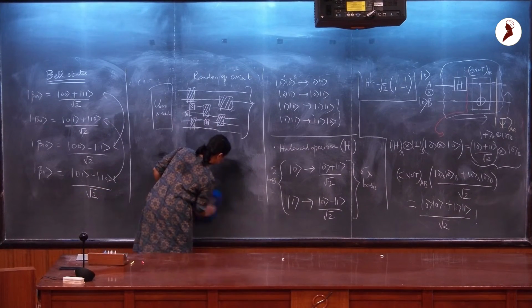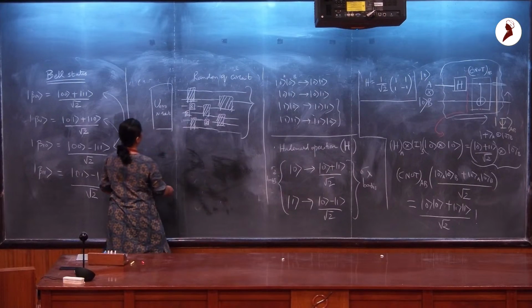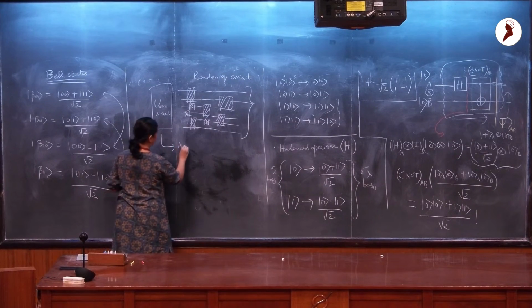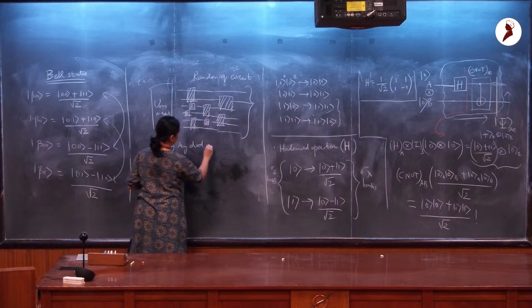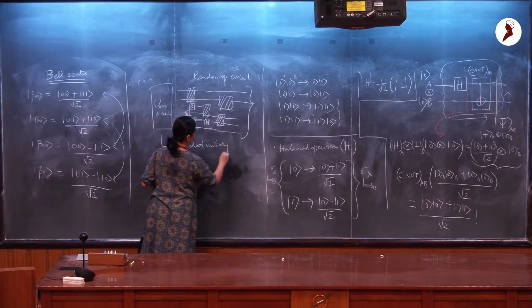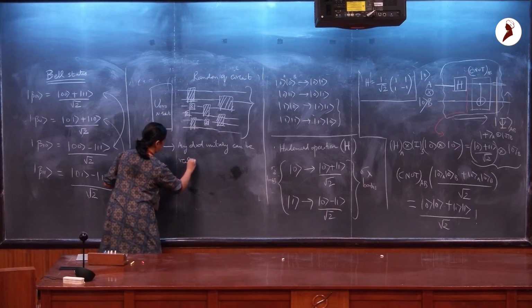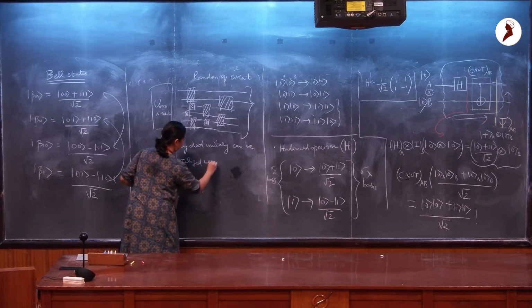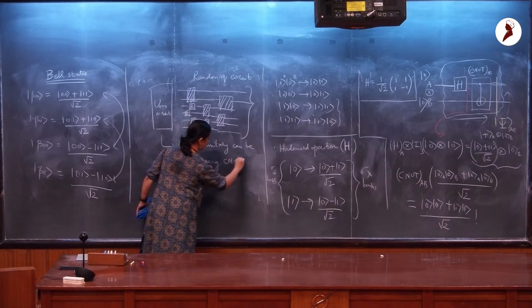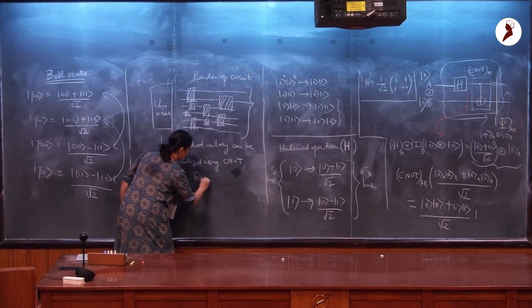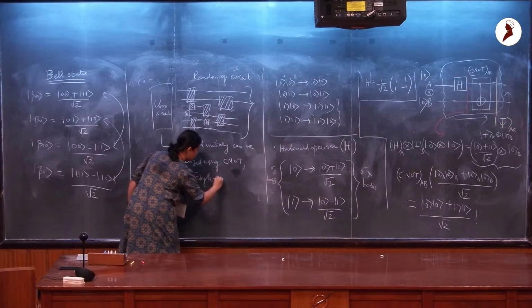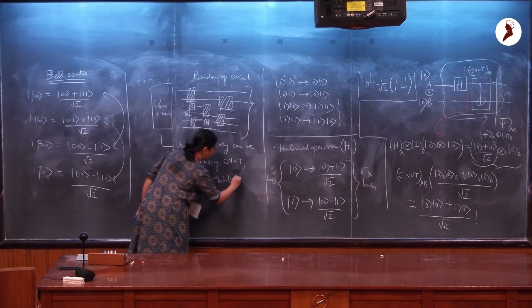So let me just write this statement here. Any D cross D unitary transformation can be realized using just the C naught and some set of single qubit operations. I'm not writing down what they are.